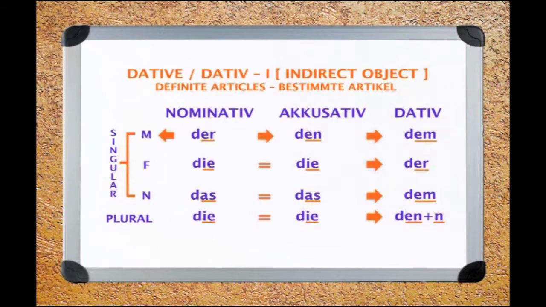So the definite article in dative for masculine as well as for neuter is dem, for feminine it is der, and for plural it is den, along with the n which is added to the ending of the noun in plural.